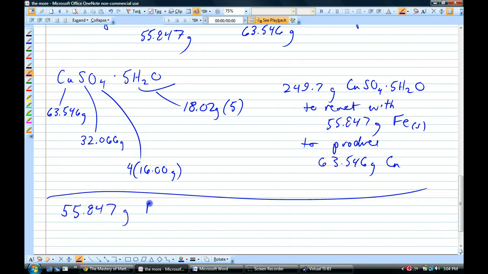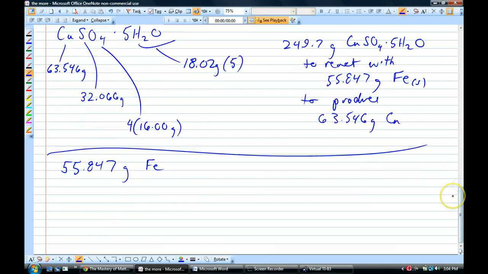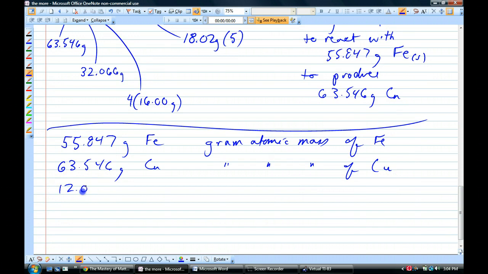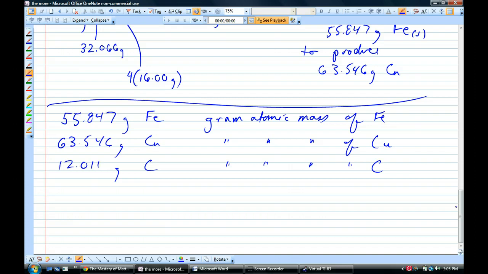In other words, the atomic mass with a G on the end, also called the gram atomic mass. That's the gram atomic mass of iron, and 63.546 grams of copper is the gram atomic mass of copper. And 12.011 grams of carbon is the gram atomic mass of carbon, all right, and so on.